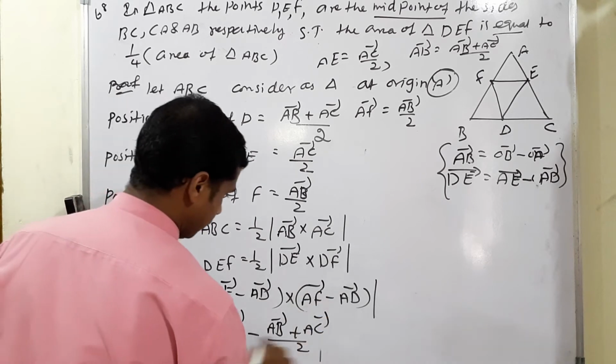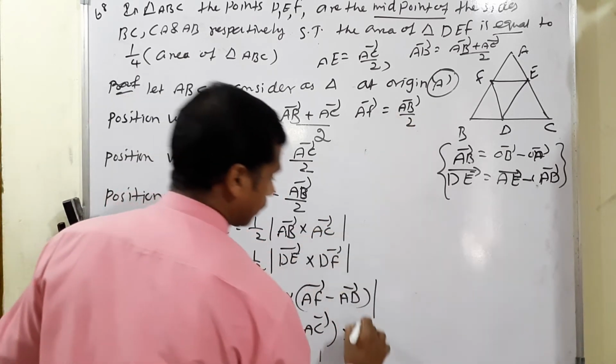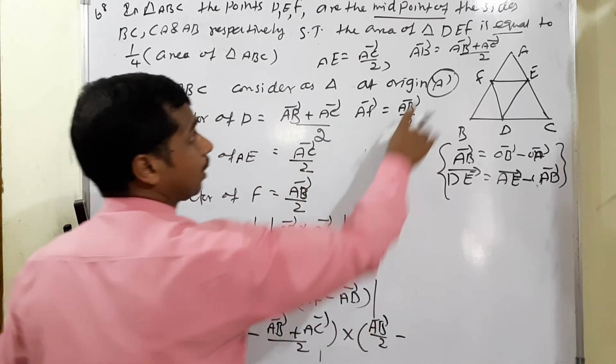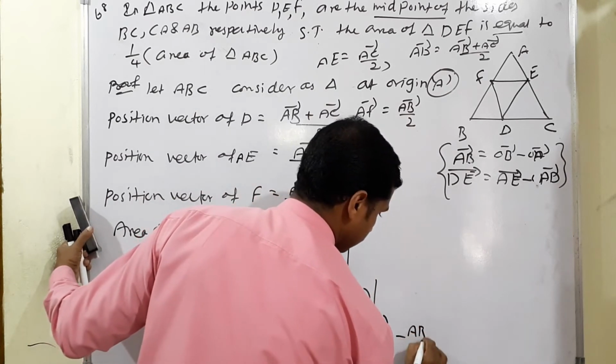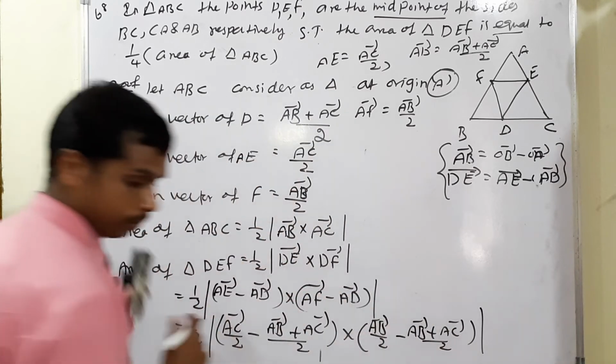The next one, this is the first condition, into cross, no? Then AF means AB vector by 2, AB vector by 2 minus AD vector, which means AB vector plus AC vector by 2. Close modulus.